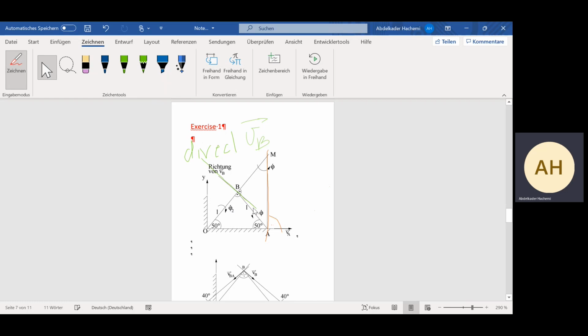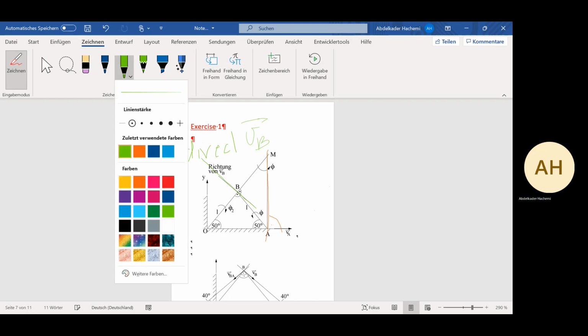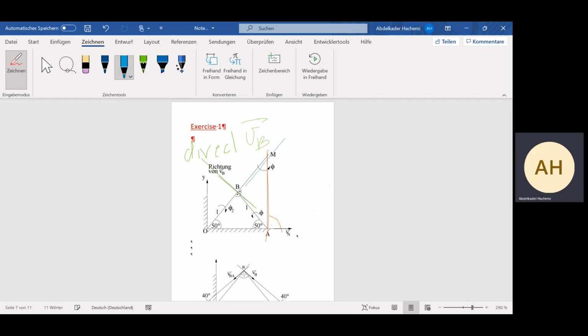Now we have the direction of VB. That means we make only the perpendicular to it, the perpendicular to VB, and we have this.